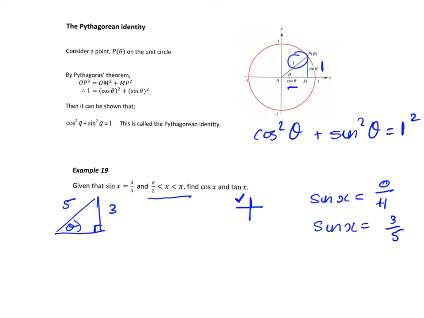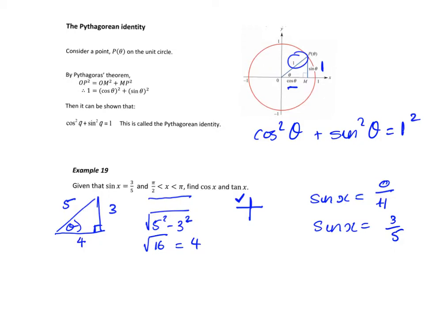Now, using Pythagoras' theorem to find the third side, it would be the hypotenuse squared minus the opposite squared: 5 squared minus 3 squared, 25 minus 9 is 16. So the square root of 16 is 4. So it's a 3, 4, 5 Pythagorean triple. Some of you might have noticed that before.